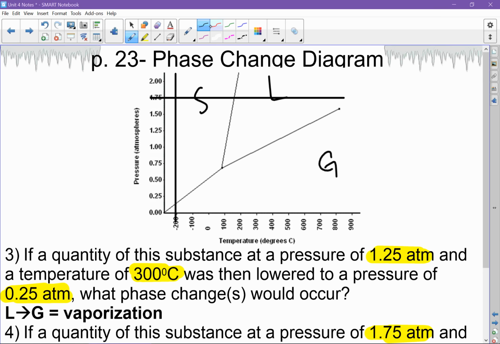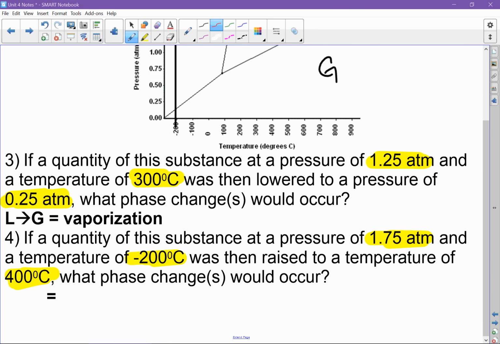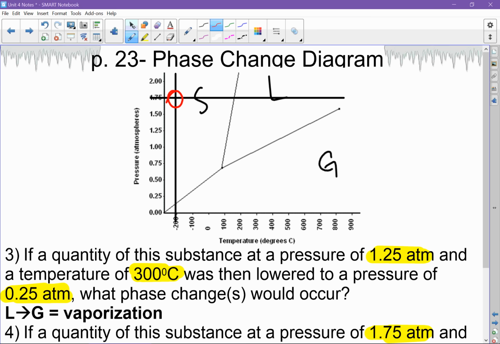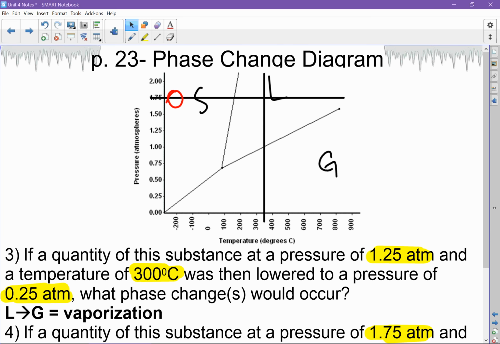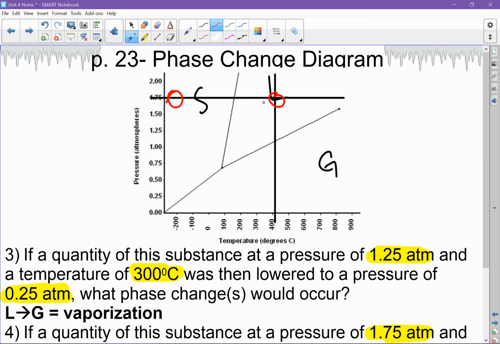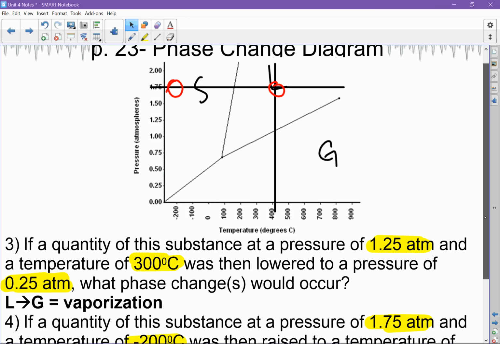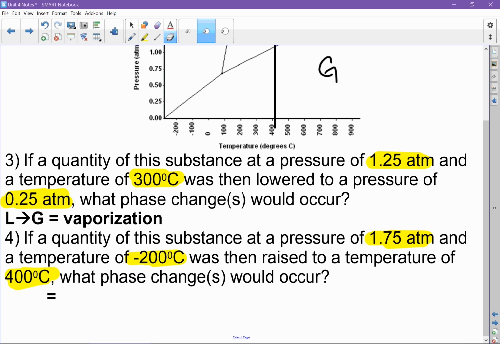That tells me that the phase of matter that I'm starting with is a solid. But then it says we have a temperature change where we go up to 400. So then I'm going to switch this up here to 400. Now I've moved to the liquid section. So when you have a solid that becomes a liquid, that's a phase change. And the name of that phase change is melting.